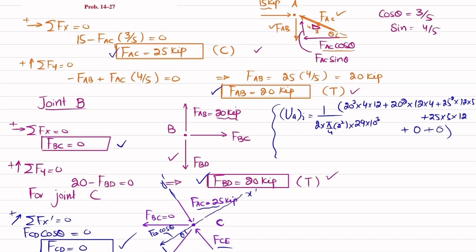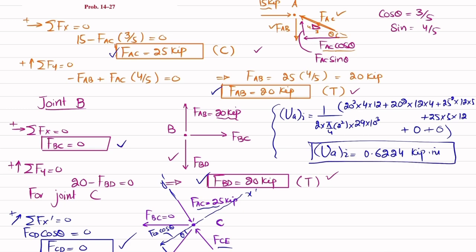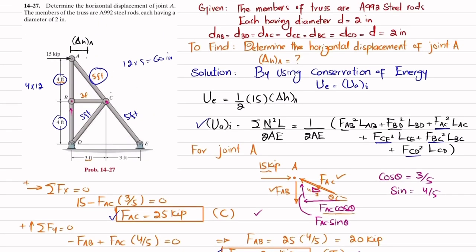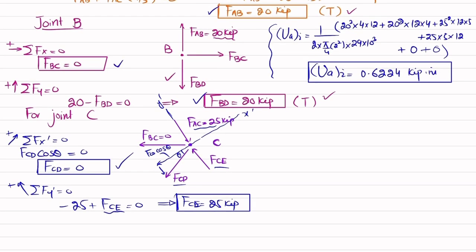So when you solve this, you will get strain energy due to axial loading comes out to be 0.6224 kips into inch. Now you have this loading, so you can go to the conservation of energy and you will use this formula. You know that external work is this. UE is equal to UAI.